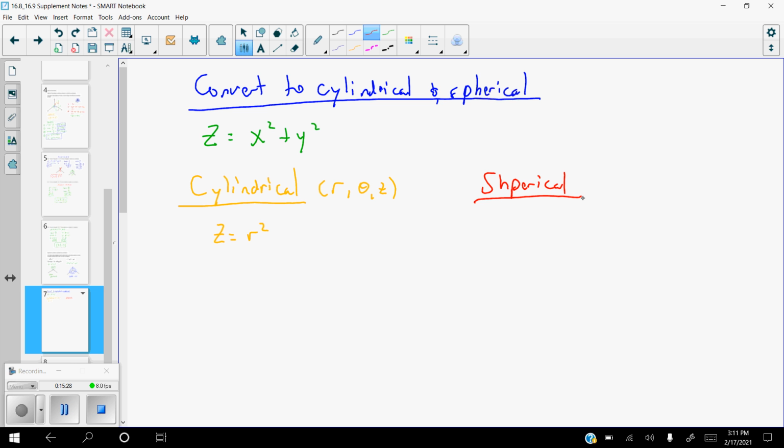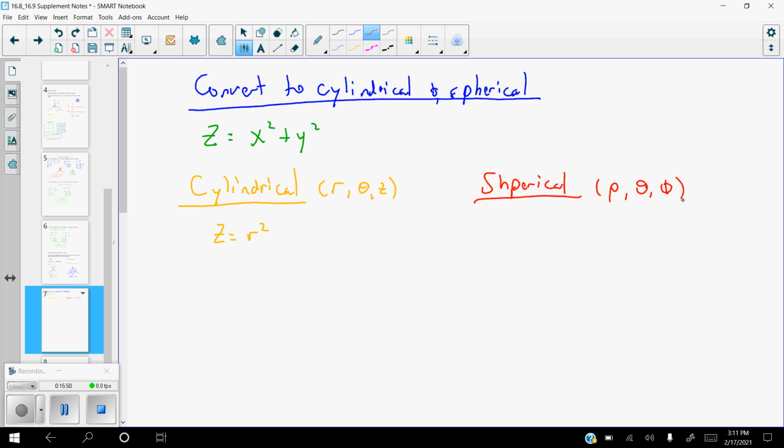All right, if I want to change that into spherical, that's going to be something we need in terms of only rho, theta, and phi. So we've got to put z equals r squared, or z equals x squared plus y squared, into terms of only rho, theta, and phi. And typically we try to solve for rho if possible, but we'll see if it's possible here.